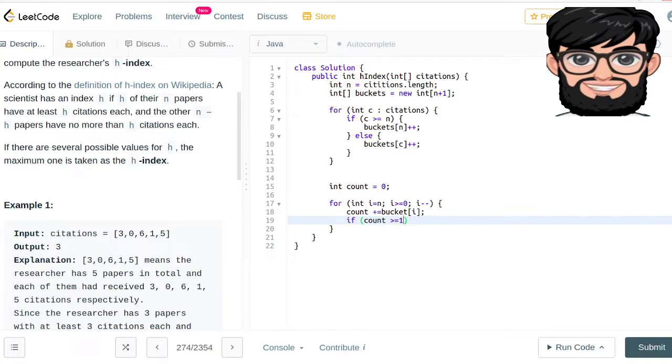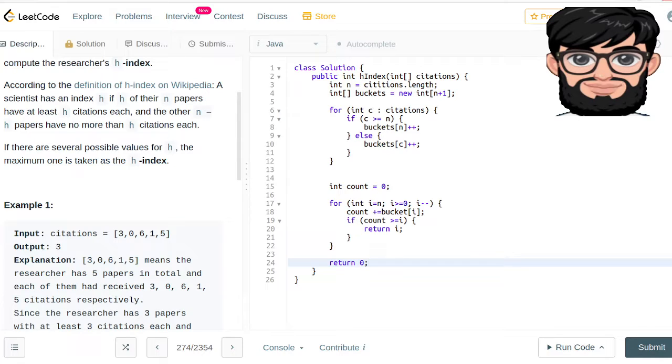If the count becomes greater than or equal to i, this is our answer. Return i, the bucket index we want to be returning. Otherwise, if we come out of this and still haven't returned anything, that means the answer is 0.